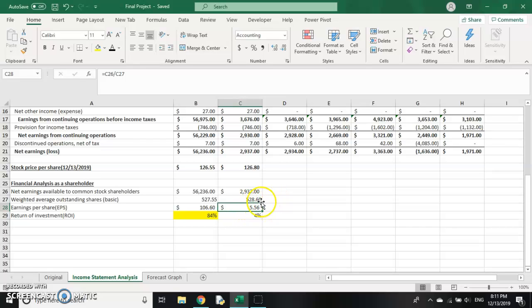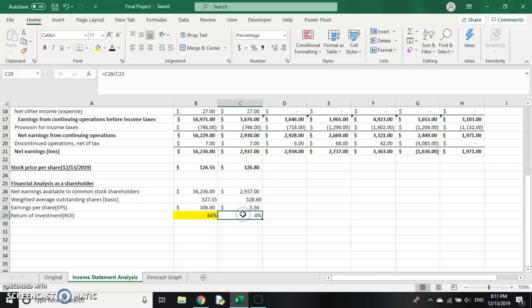So if I hold one share, it means in 2019 I'm supposed to earn $5.56. And for each share of Target, you have to pay the stock price, of course, $126.80.